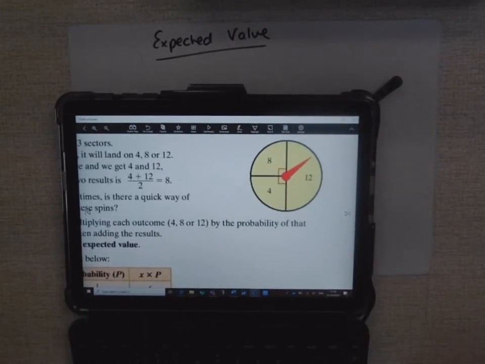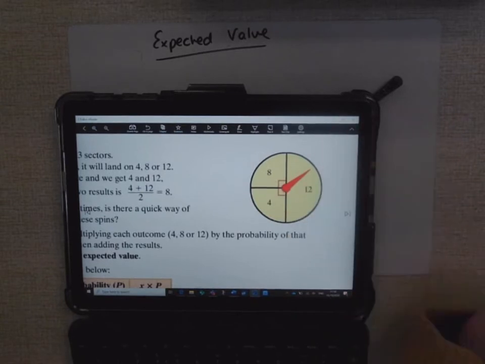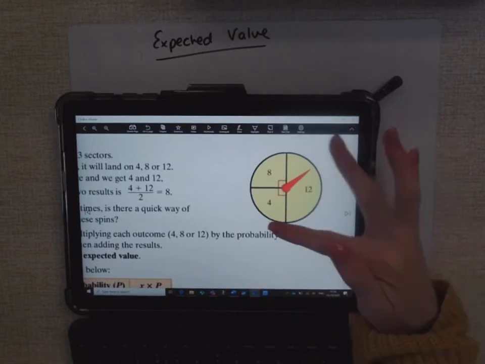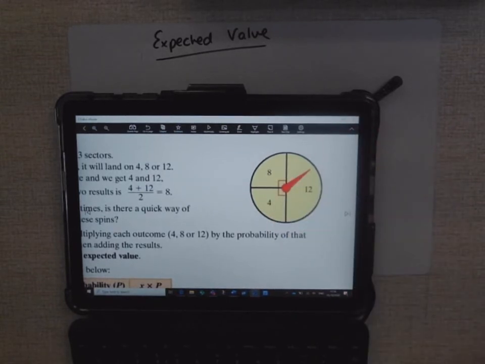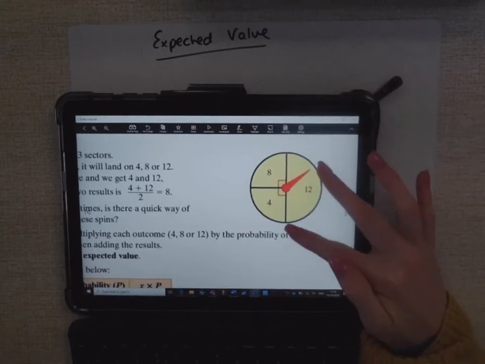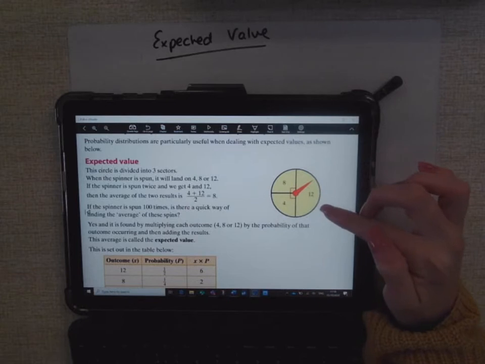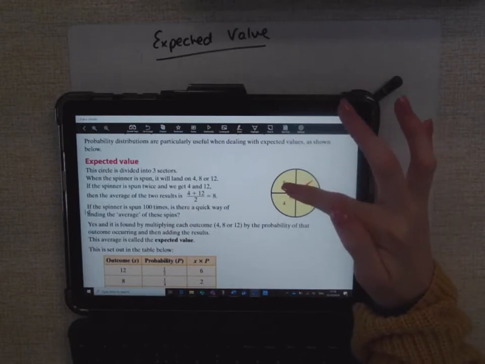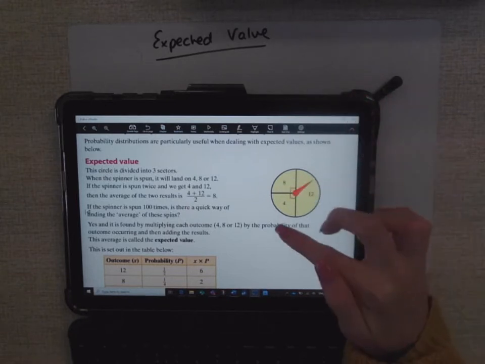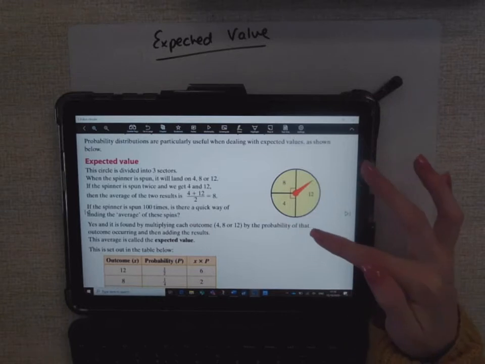Now we have this spinner here, okay? 4, 8 and 12. The expected value would be, what is the average that you're going to land on? The probability of 12 is a half. Probability of 8 is a quarter, and 4 is a quarter.